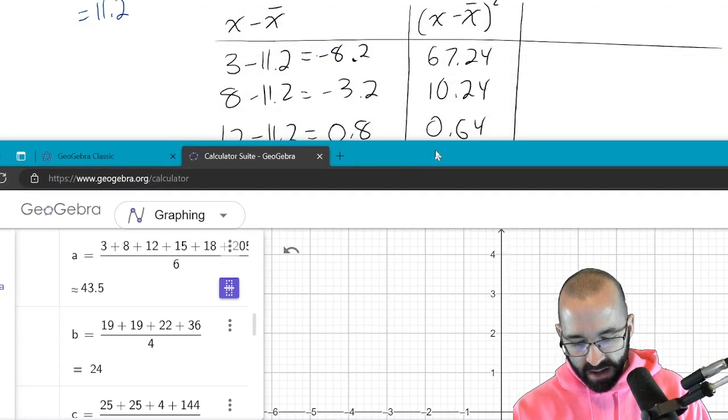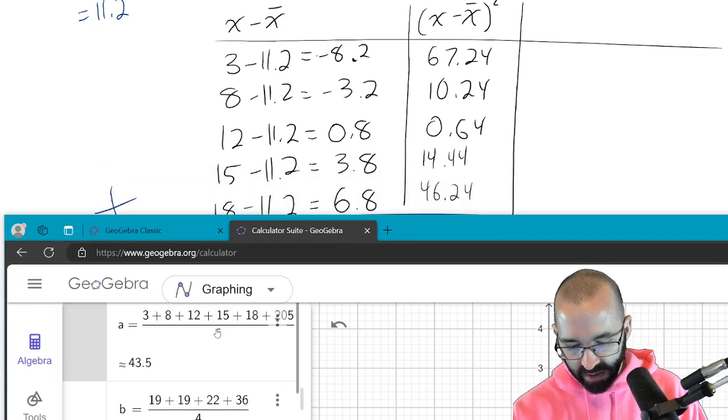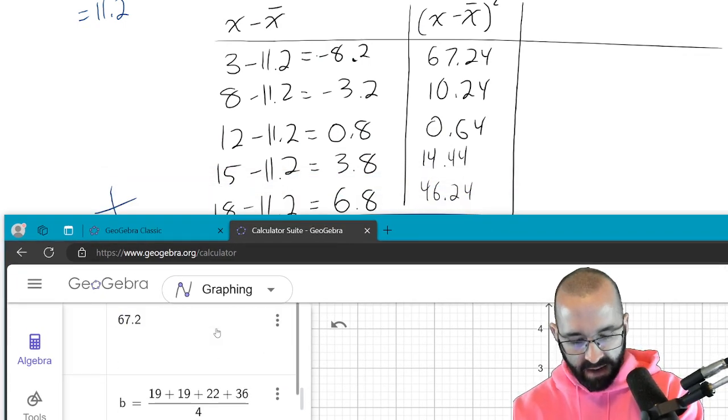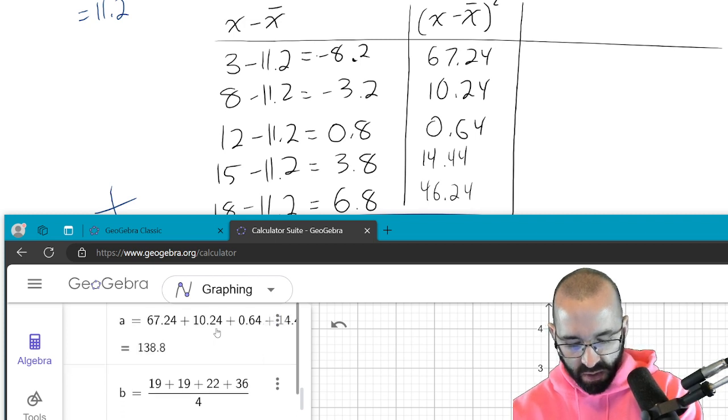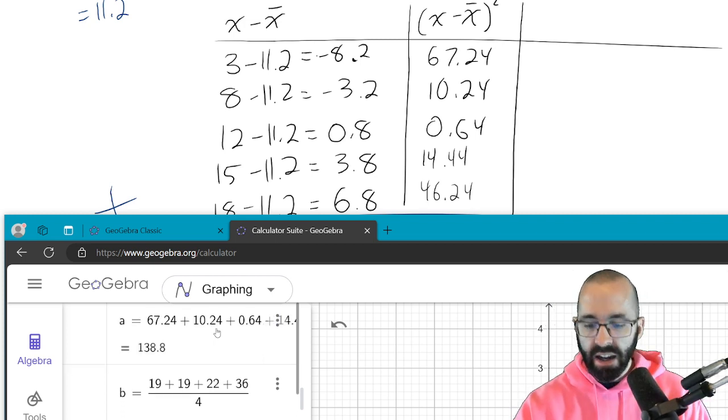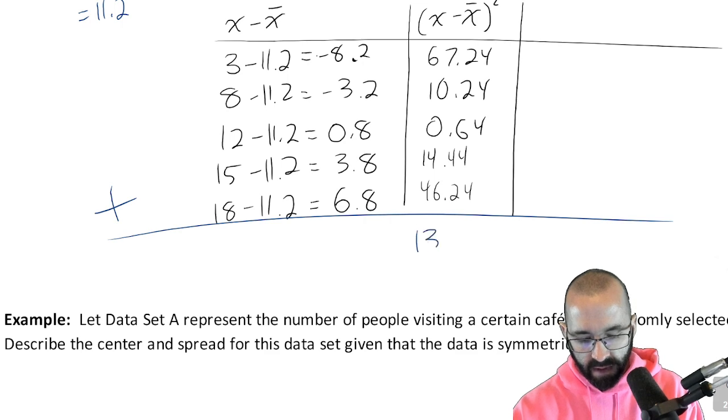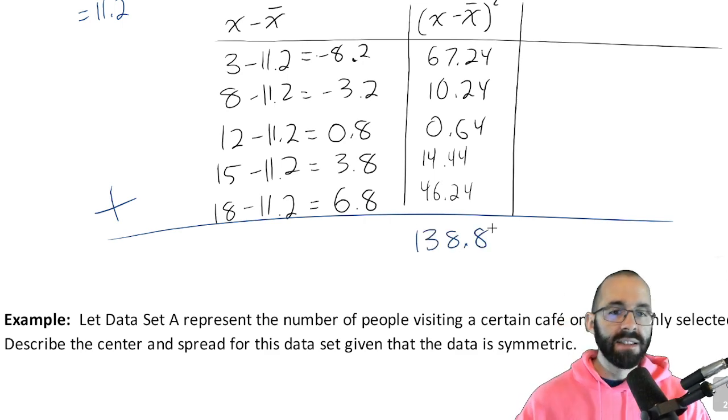If we do that, 67.24 plus 10.24 plus 0.64 plus 14.44 plus 46.24 is 138.8, the sum of those squared deviations.